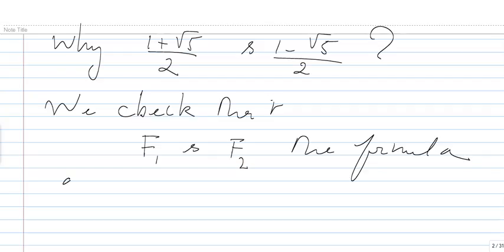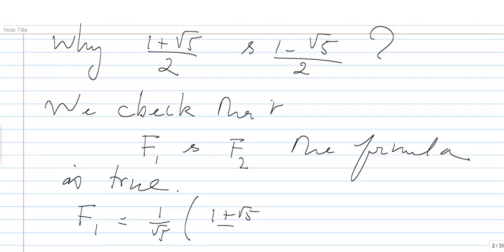Clearly F1 is equal to 1 over square root of 5 times 1 plus square root of 5 over 2 minus 1 minus square root of 5 over 2. So this is true for n equal 1.